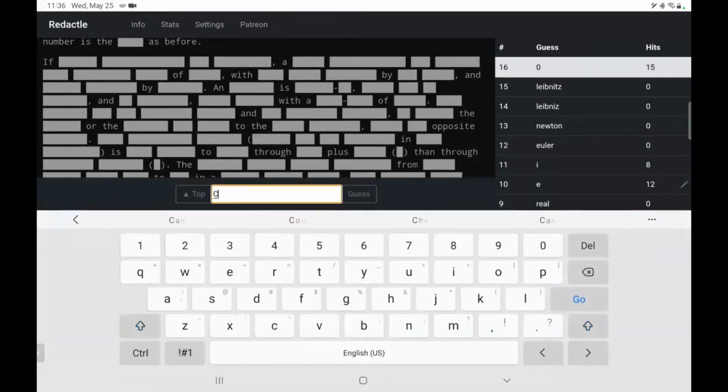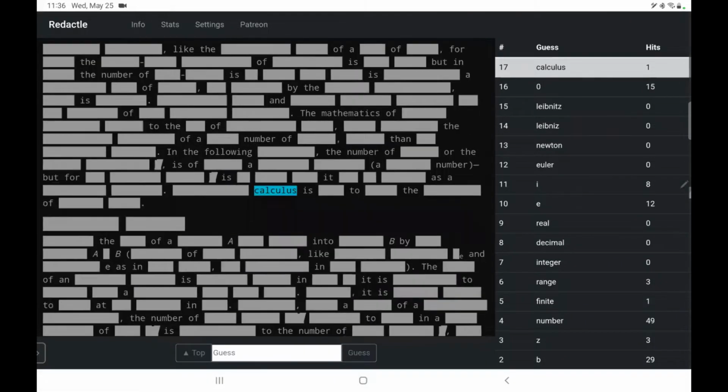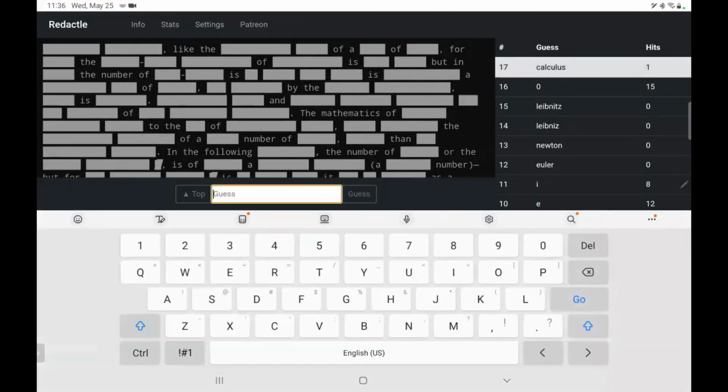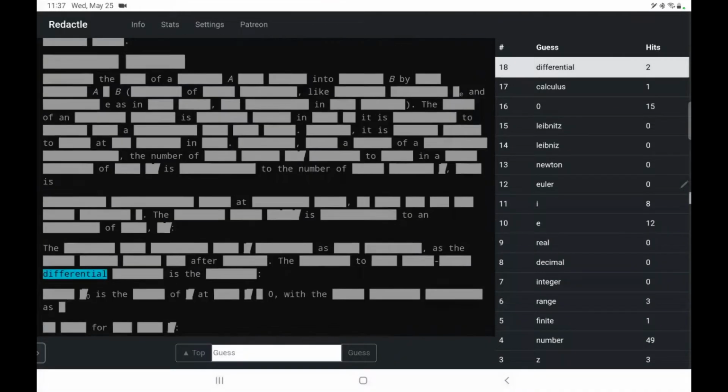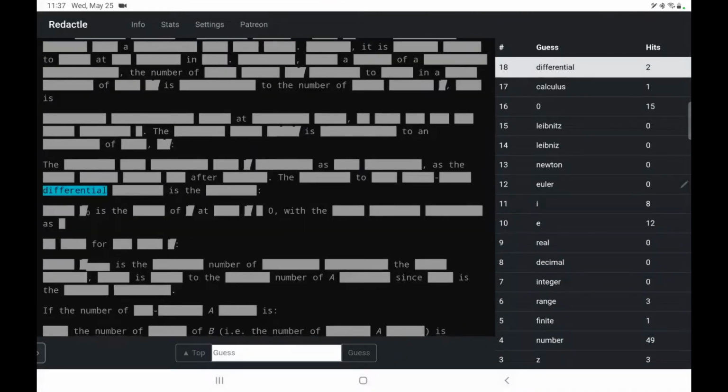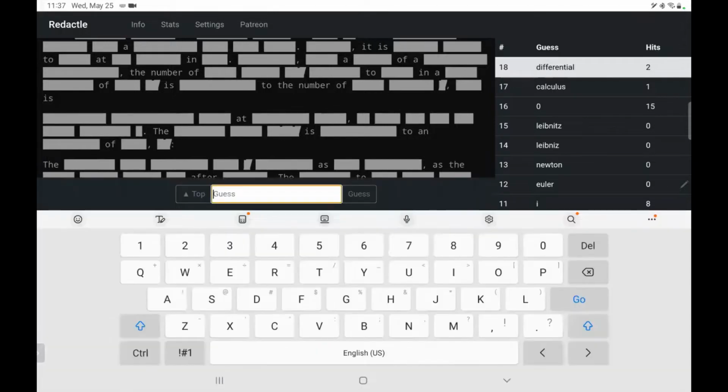Okay, let's try some more mathematics, calculus. Only once. Isn't there differential calculus? Yeah, there sure is. Differential something. Then there's some other.